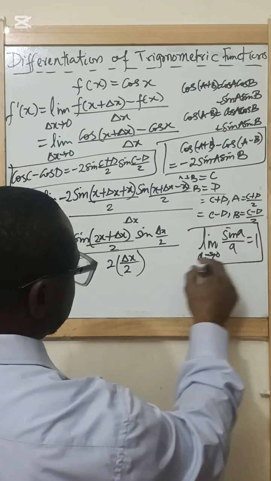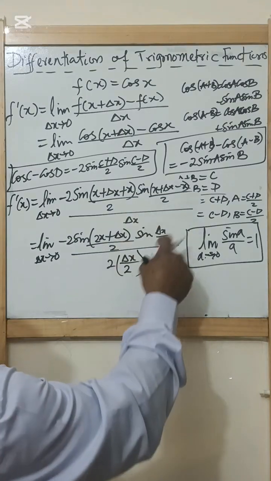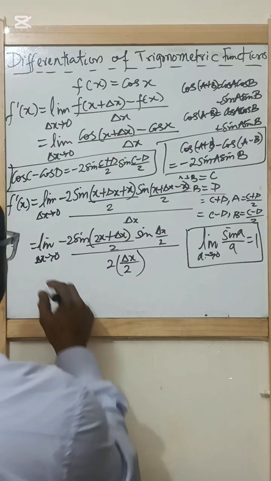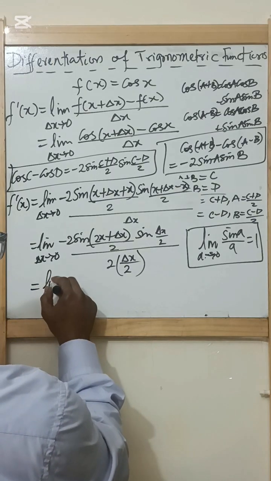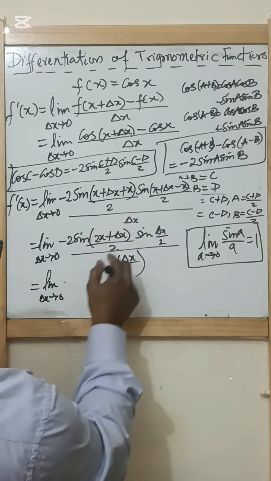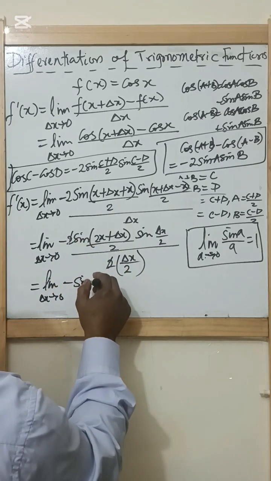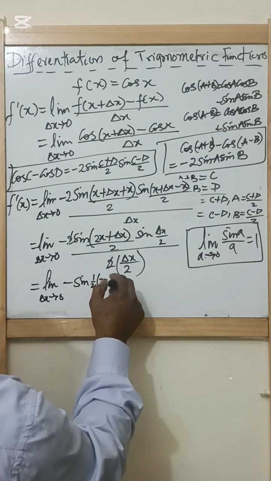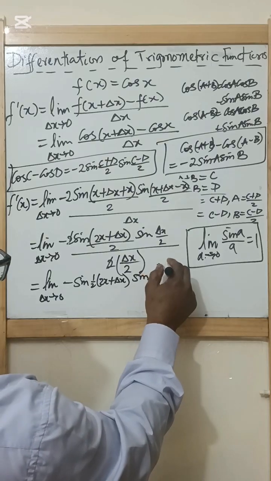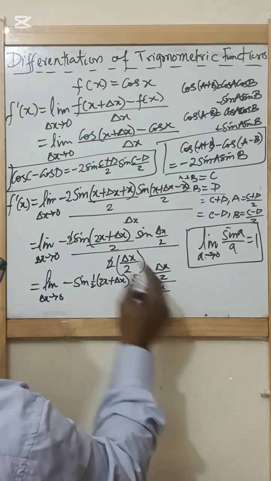We know this identity, right? So we want to construct this to be in that format. So that will be the limit as delta x tends to 0. This is going to cut this. Now half, minus sine of half of (2x plus delta x). Then sine of delta x over 2 all over delta x over 2.